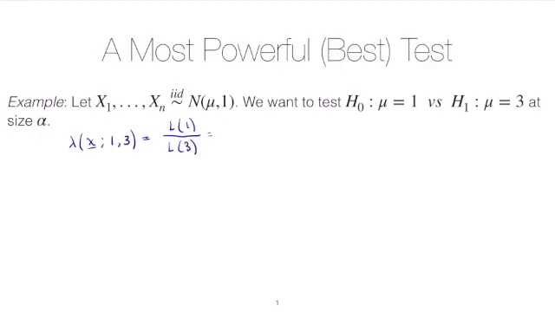And really what that's equal to is the joint PDF where we plug in mu is equal to 1 divided by the joint PDF where mu is equal to 3. And we want this under the Neyman-Pearson Lemma to be less than or equal to some value k for our sample points falling in the critical region.